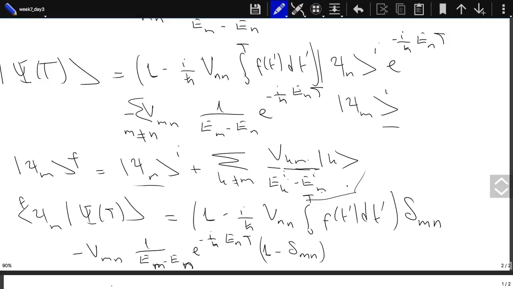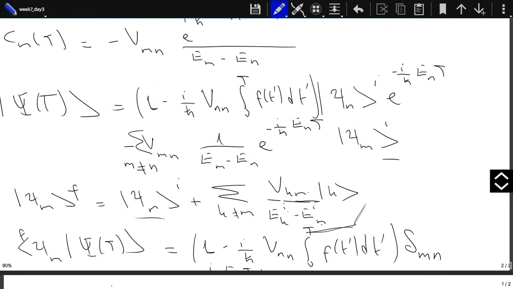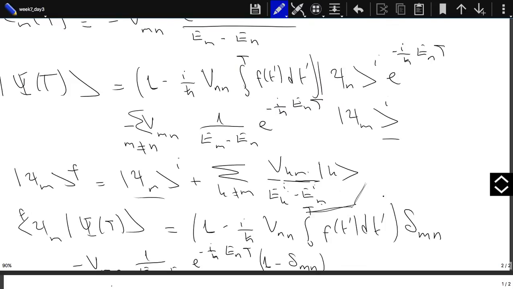So what I have is this one multiplying this term over here. Well, I would just say 1 because the other one will be second order. And e to the power minus i over h bar En of t. If I have, for example, this term multiplied with this one, or that term multiplied with this one, that is second order in V.